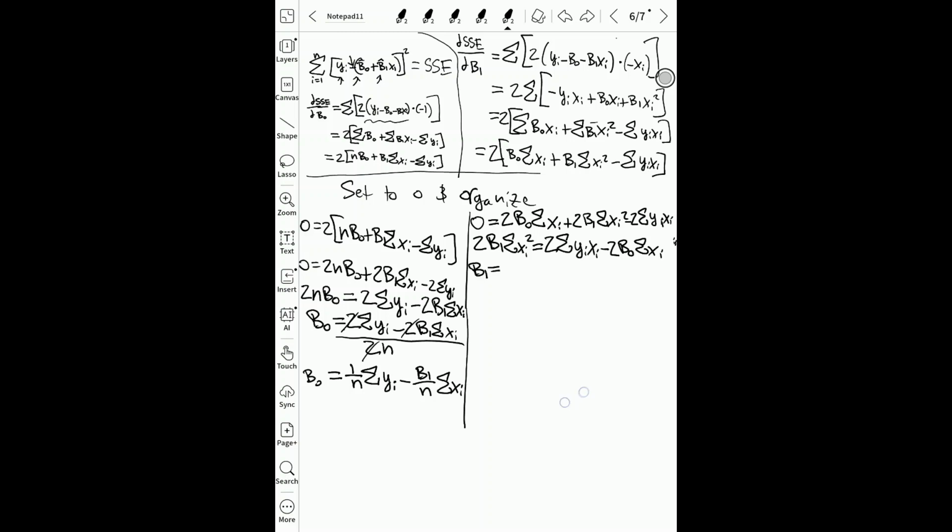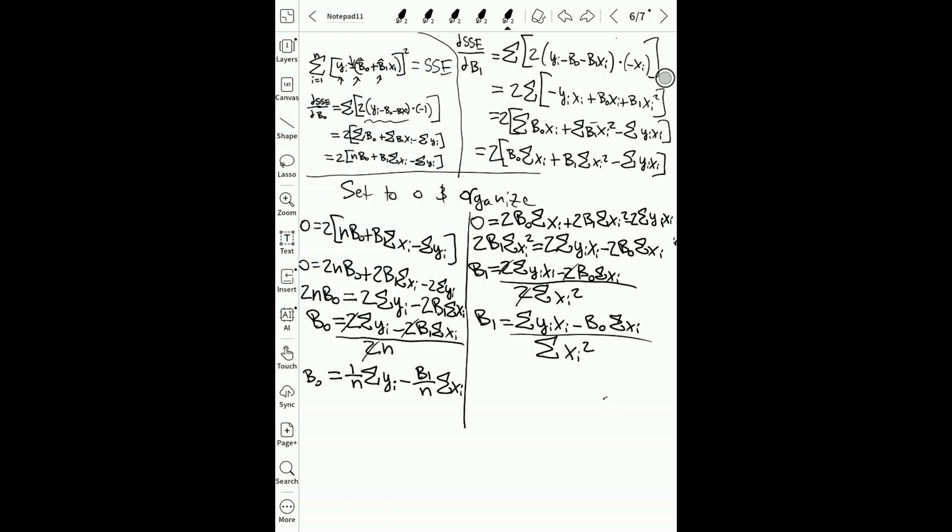So I have beta 1 is equal to 2 sum of yi xi minus 2 beta naught sum of xi, and that's going to be all over 2 sum of xi squared. And again, I get to cancel those 2's. So I'm left with beta 1 is equal to sum of yi xi minus beta naught sum of xi all over sum of xi squared.